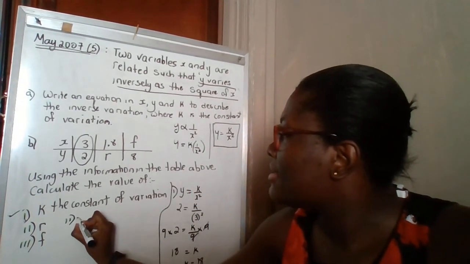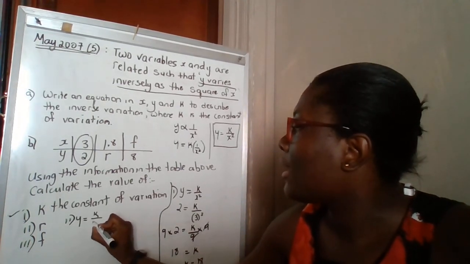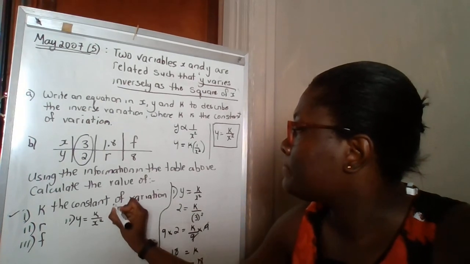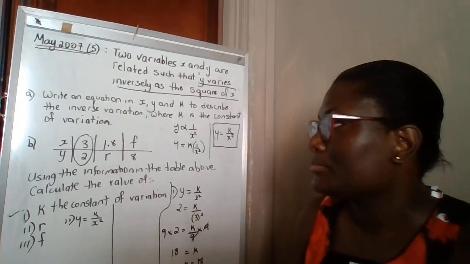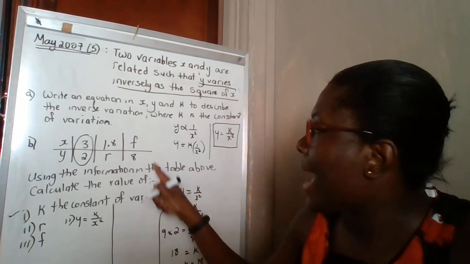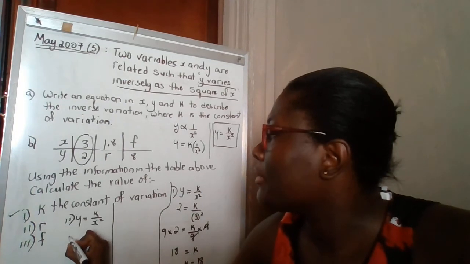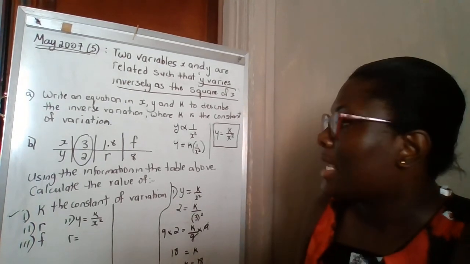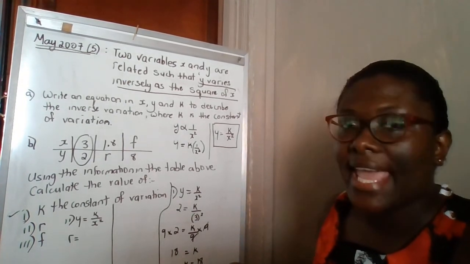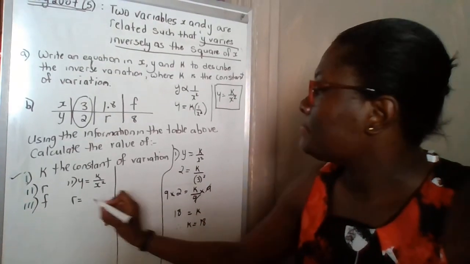The formula is y is equal to k over x squared. The next thing I'm going to do is that y, of course, in this case, is represented by r. K, we just found out that k is actually 18.